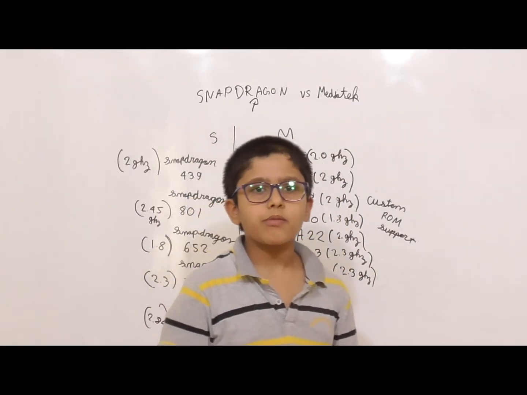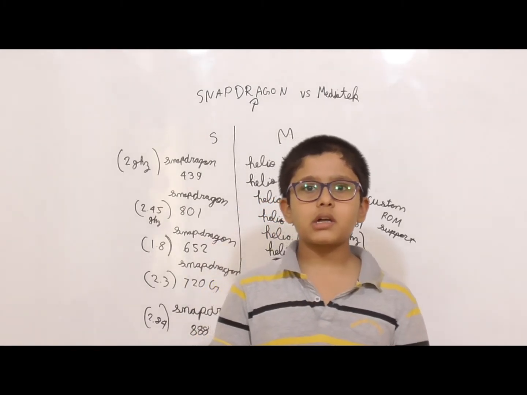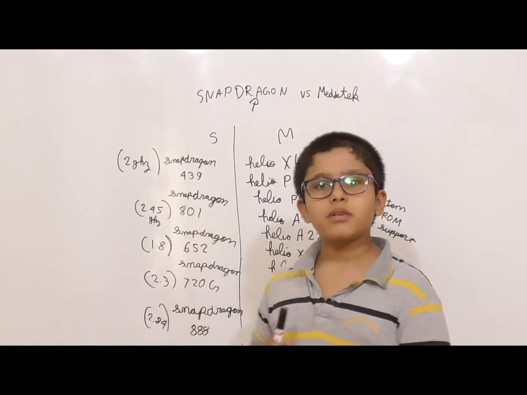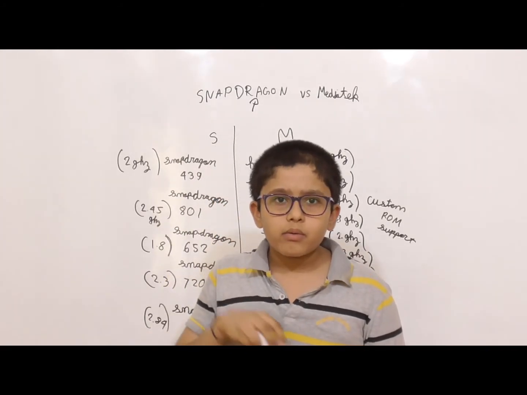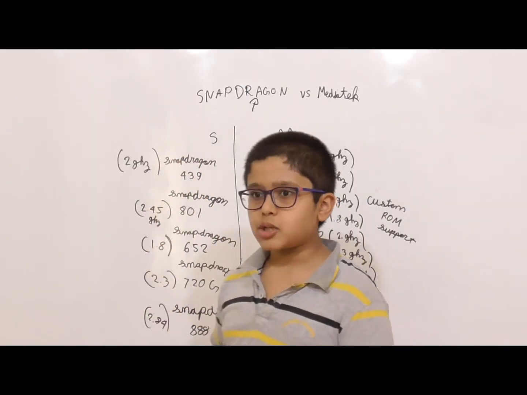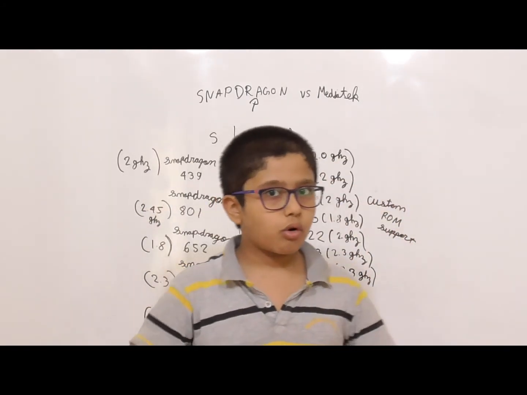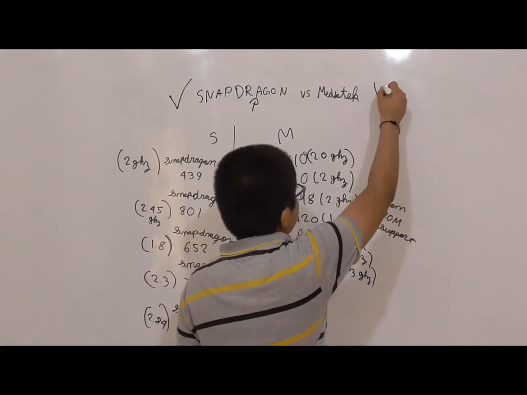So there are some problems with Mediatek. I hope Mediatek will improve in the future. Both companies should improve, but in my opinion, in 2021, if you are buying a phone, definitely choose a Snapdragon chipset phone, not Mediatek. So the winner is Snapdragon.